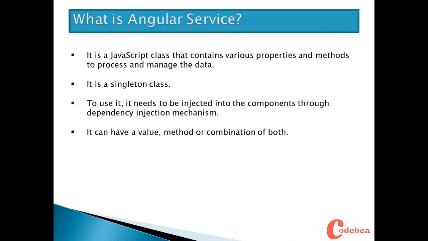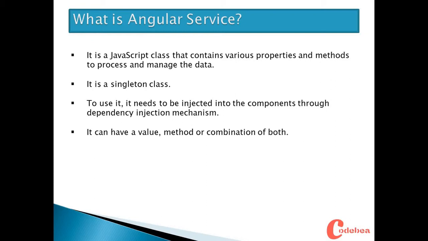But if you want to use it, you have to inject it into your component through the dependency injection principle. Without using the dependency injection principle, you cannot use your Angular services. What dependency injection is exactly, we will cover in later sections.